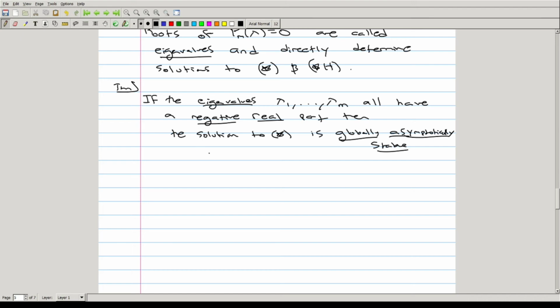And this means that the limit as t goes to infinity of yH of t will be equal to 0.